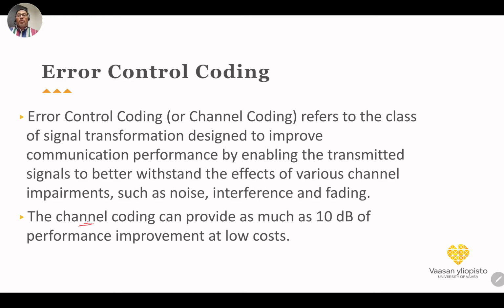We lose performance, because the probability of error will increase in that case. However, with coding, we can increase the spectrum efficiency without sacrificing the performance of the system. So channel or error control coding is essential and very important in any digital communication system.